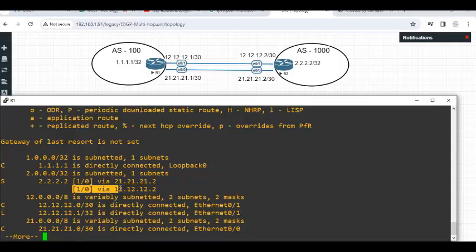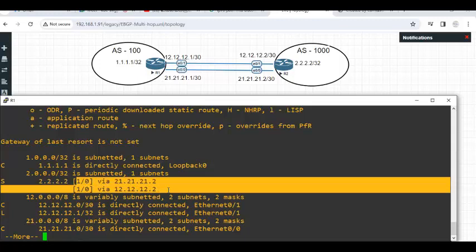So, because it is not directly connected, even though this neighbor is pingable, in the routing table it is not as per the expectation of BGP.